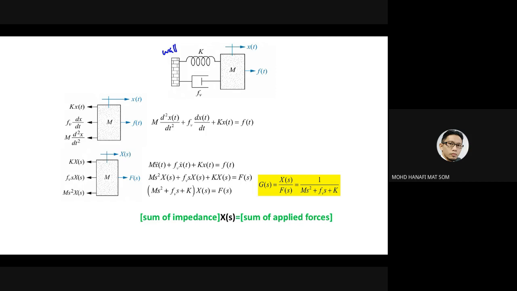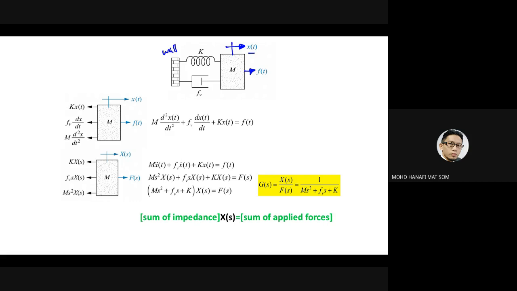As mentioned in the previous slides, the coefficient for the spring is K, and the coefficient of the viscous damper is fv. Let's say we have a force to the right, f(t), and the movement due to the force is x(t).